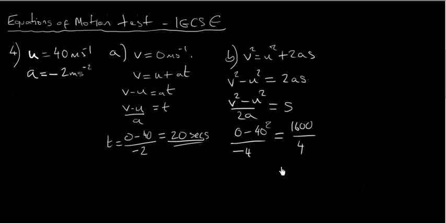Negative over negative is a positive, so that's okay. So our s, I'm going to put it on the left hand side now, but it's the same as this. If 16 divided by 4 is 4, then 1600 divided by 4 is going to be 400. So our distance is 400 meters for part B.